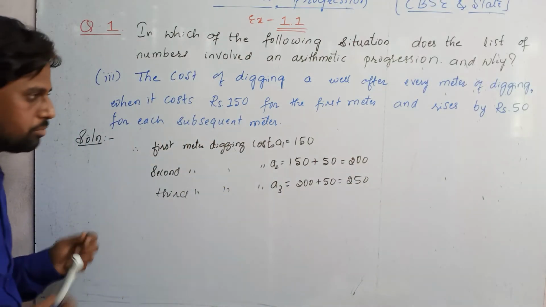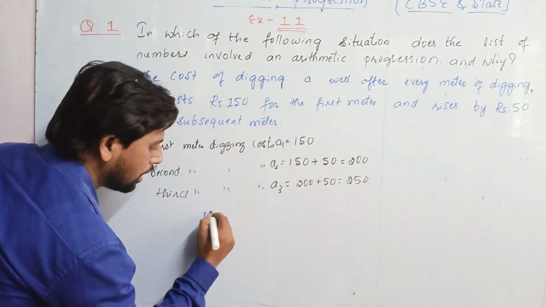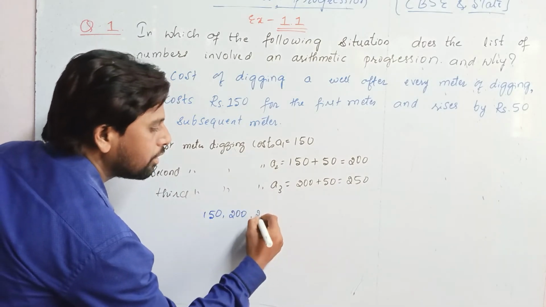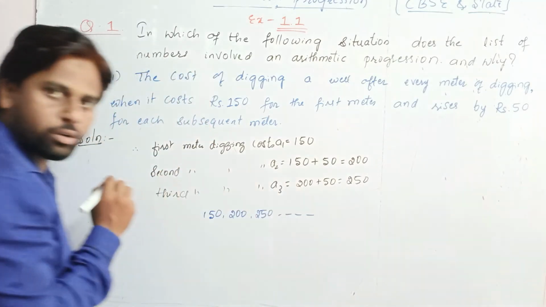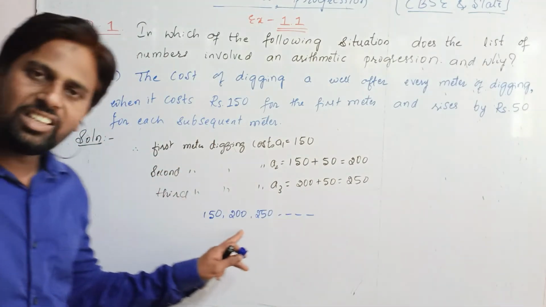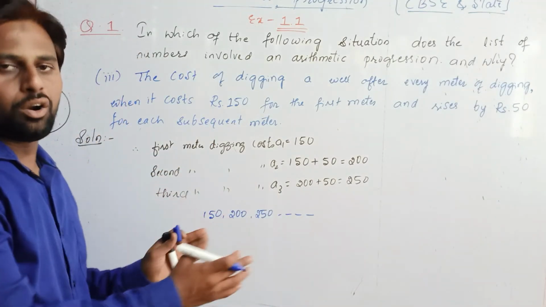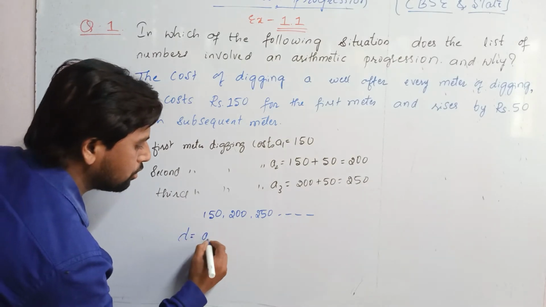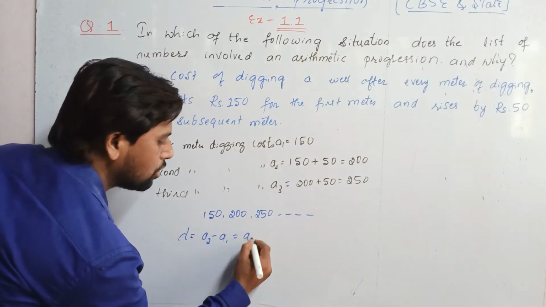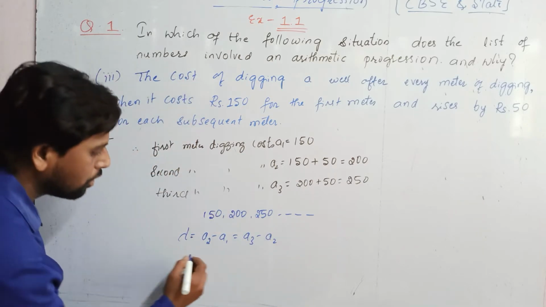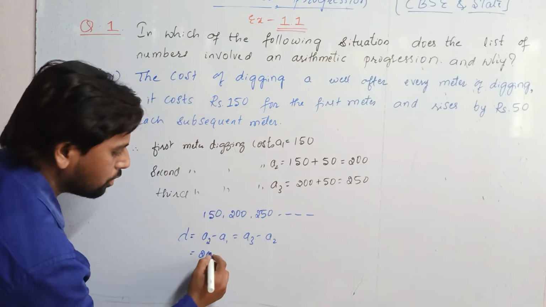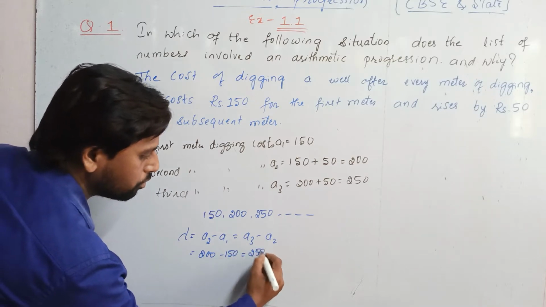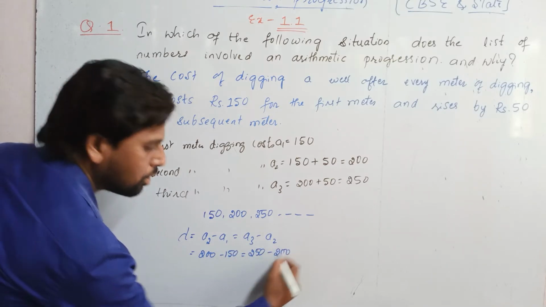So what are the terms we will get here, students? That is 150, 200, 250, and so on. So whether these terms are in AP or not, to find this again the same situation we will use here. D is equal to A2 minus A1 is equal to A3 minus A2. So what is A2 here? 200 minus A1 is how much? 150. A3 is how much? 250 minus A2 is how much? 200.